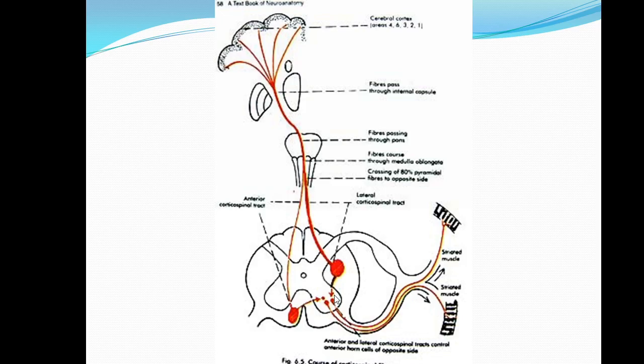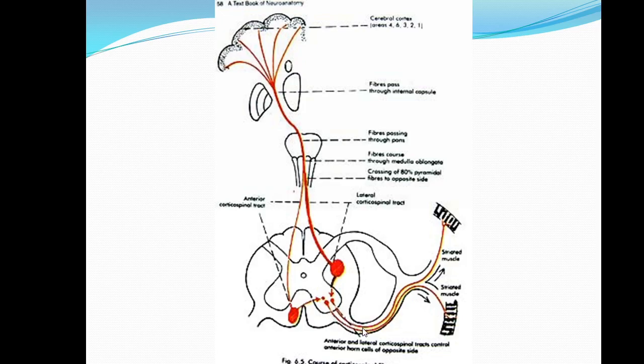The second order neuron is also known as the lower motor neuron, and the first order neuron is known as the upper motor neuron. So the neuron arising from the cerebral cortex to the anterior horn is the upper motor neuron. From the anterior horn to the periphery, it is the lower motor neuron.